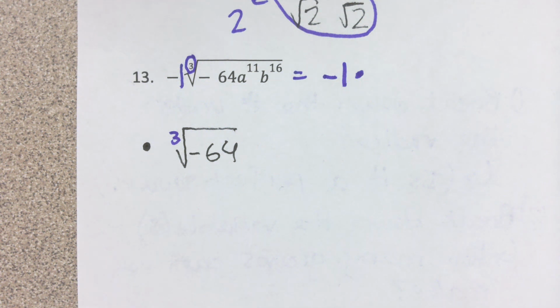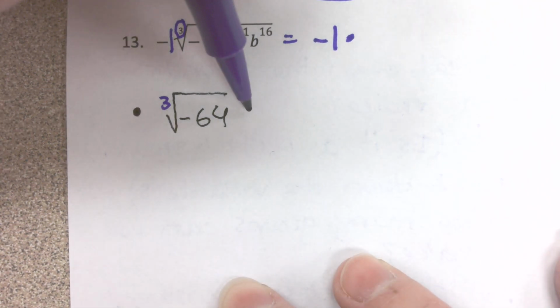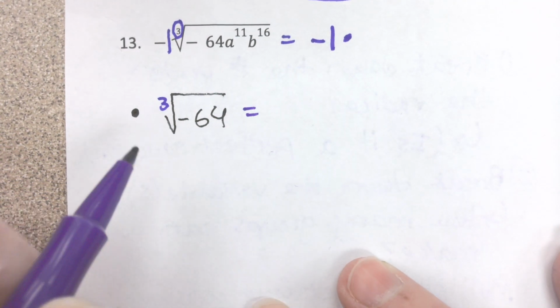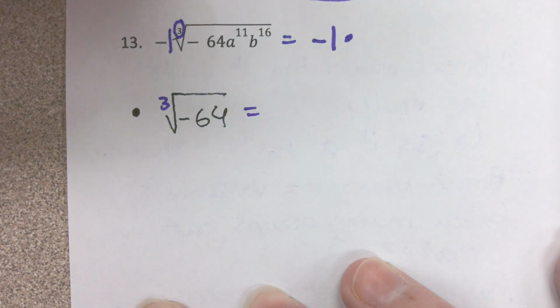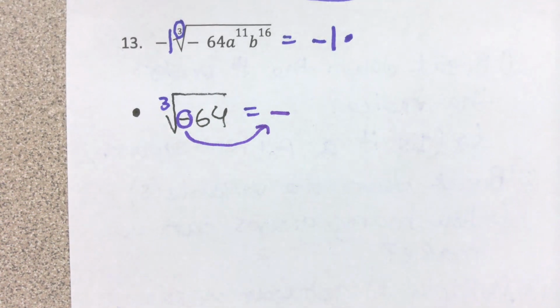If you don't quite see why that is, I'll show you that after I've solved this part of the problem. So just hold off there. But when you take the cube root of a negative, your answer will also be negative. That's a guarantee. So first thing I want you to do is go and just take that negative out and put it outside of the root in your answer. That way you don't have to worry about it later.